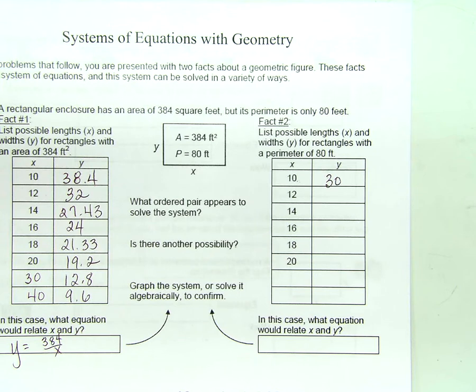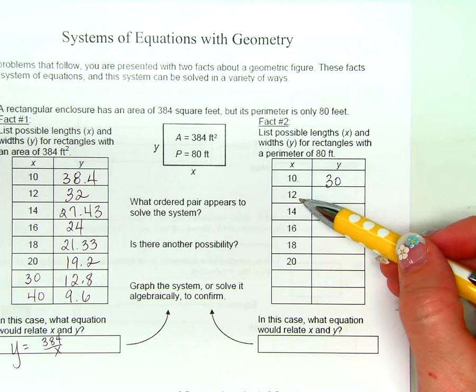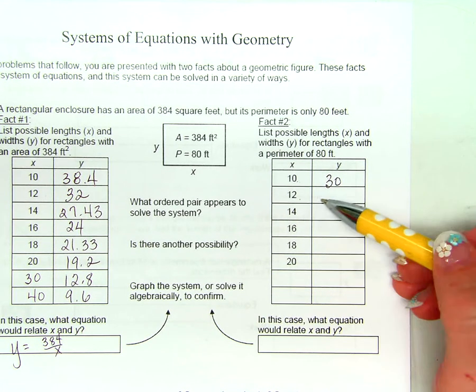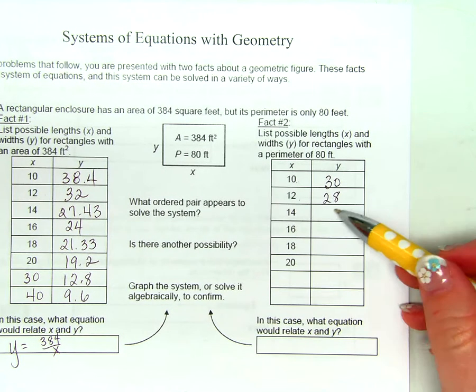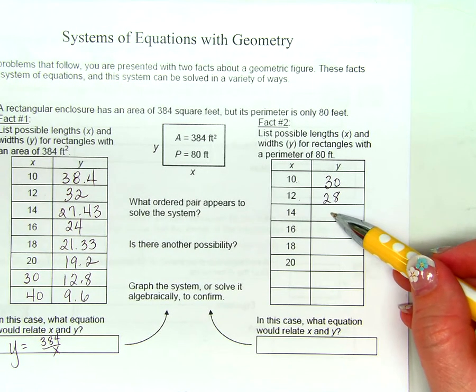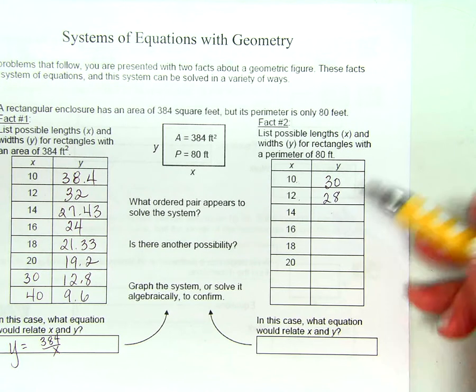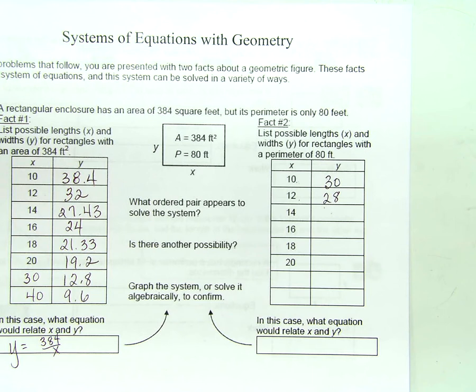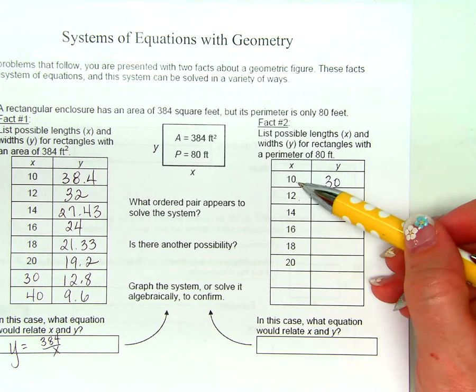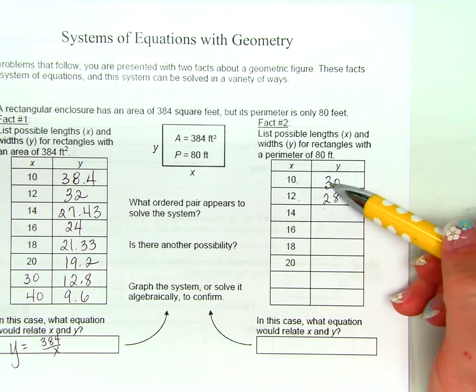So what if x is 12? 80 minus 24 divided by 2. 28. What about this one? 14. 80 minus 20 is 60. 60 divided by 2 is 30.